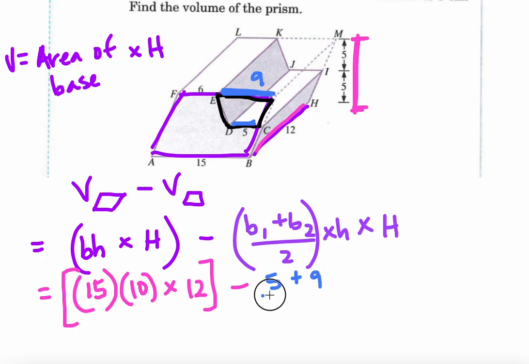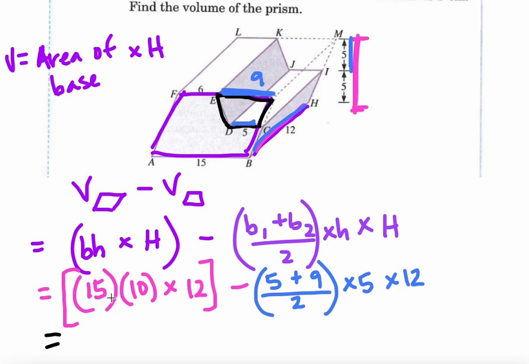So that other base is 9, divide by 2, times the height of the trapezoid, because that's a little h. So just the height for the trapezoid would be one of these guys, right? Because the trapezoid only goes like halfway. So times 5, and then the height of the entire prism is not this up here, right? Because this prism is sideways, so it would be 12. Just like how this big H is 12. All right, we got a lot of numbers to crank.